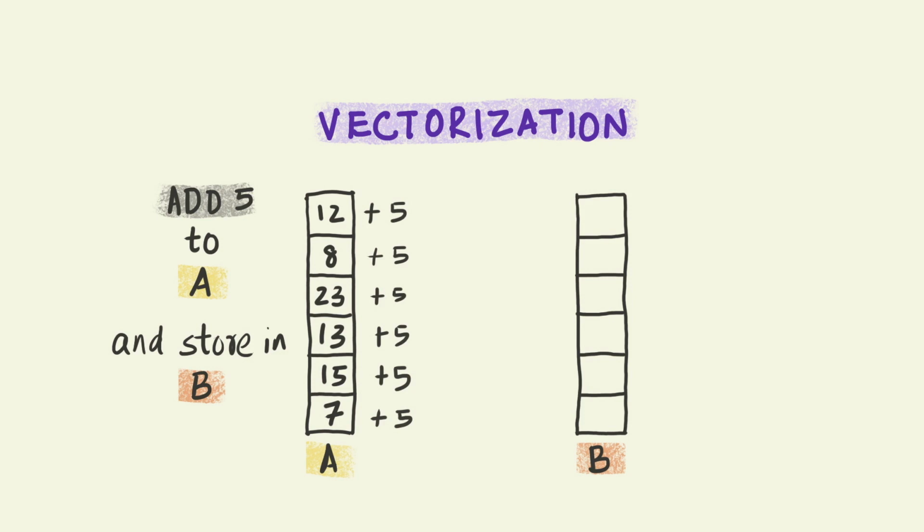With vectorization, all the data elements in that column are transformed simultaneously. That is, the instruction to add 5 is applied to multiple pieces of data at the same time. This paradigm is sometimes referred to as single instruction multiple data, or SIMD. We can think of vectorization as subdividing the work into smaller chunks that can be handled independently by different computational units at the same time.